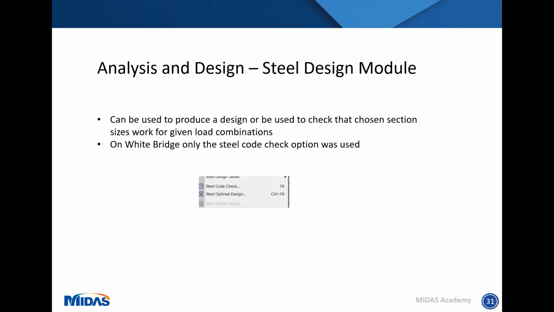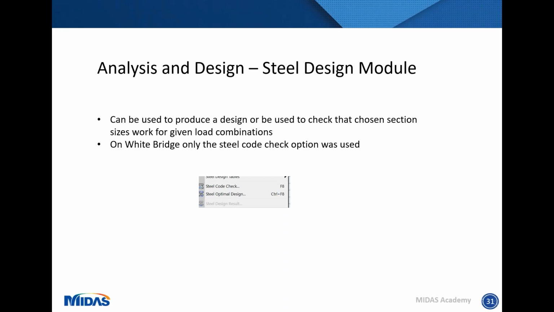We also considered what was available to us in terms of material sections from the different suppliers we got in touch with, or the catalogs that we viewed. We chose a specific section, and as a result, because we wanted to use a particular section, the steel code check was a better option to go with for analysis.